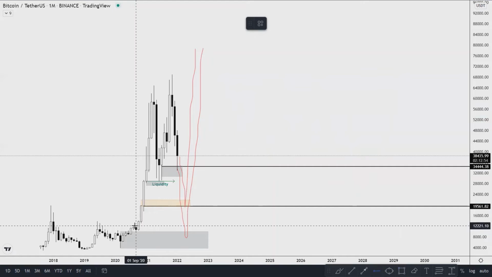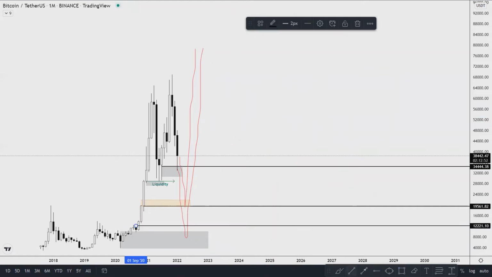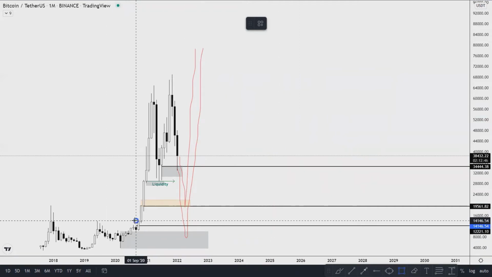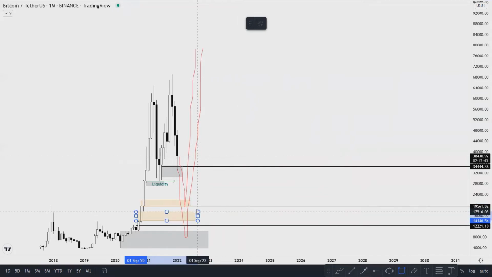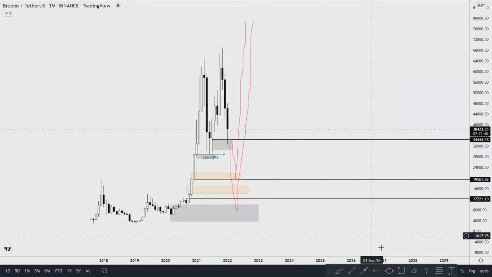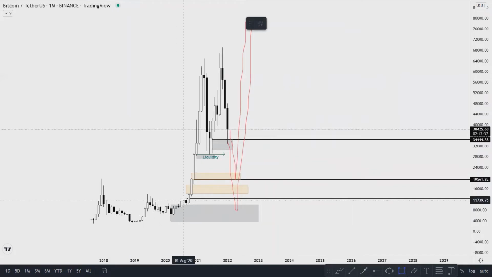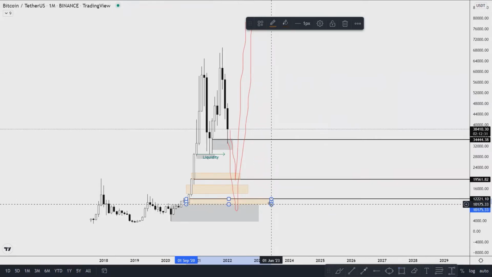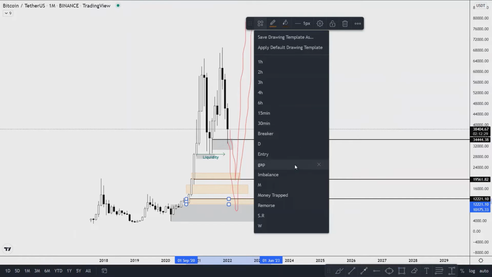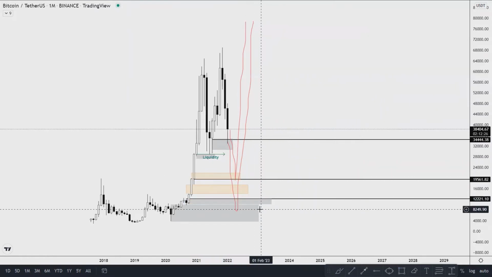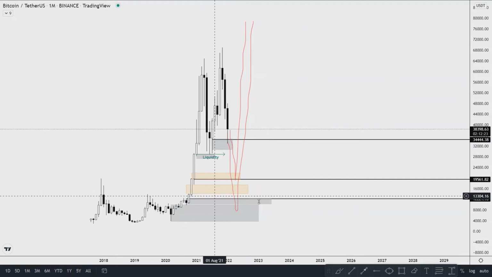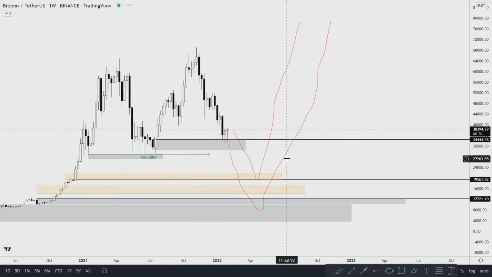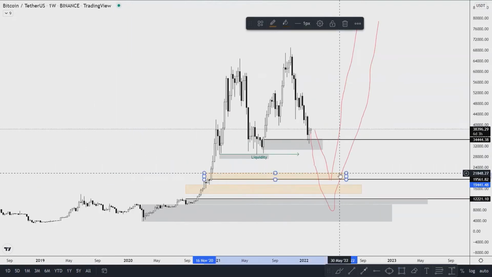If it comes to around here, because we're going in balance here as well, this is not really a probable entry in my eyes, but it could possibly react to that level for whatever reason, and then take off from there. So different price points where Bitcoin could drop to as of now. So nothing really certain until price moves a bit more.